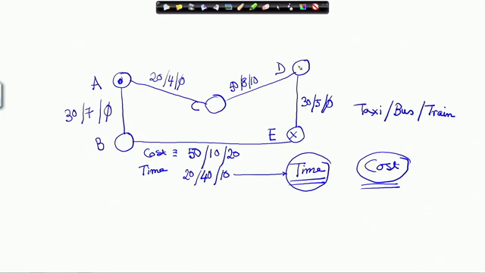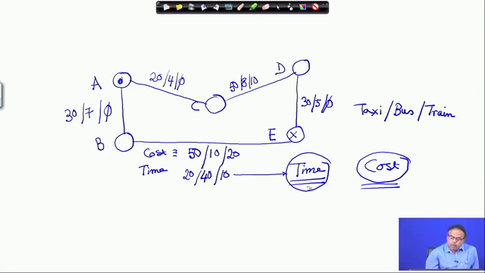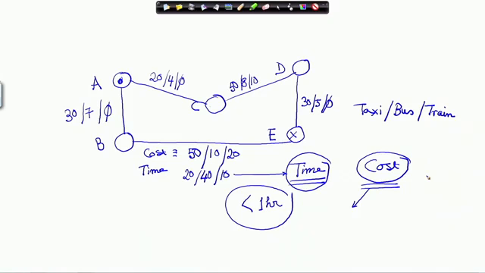Also, it may be that I am okay with the total time spent being less than 1 hour, given this constraint minimize the cost. In that way different forms of this same problem can be put forward and often we have to solve such problems in our real life. So, that is the best way to reach a place, right. This is how we can find the best way to reach a place.